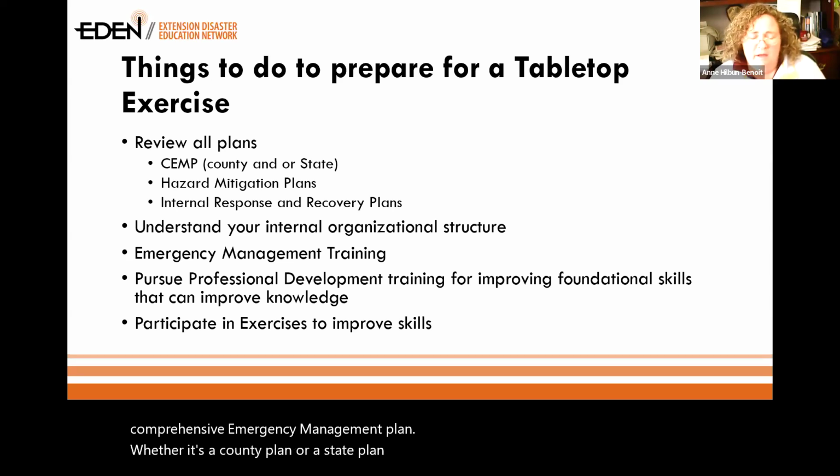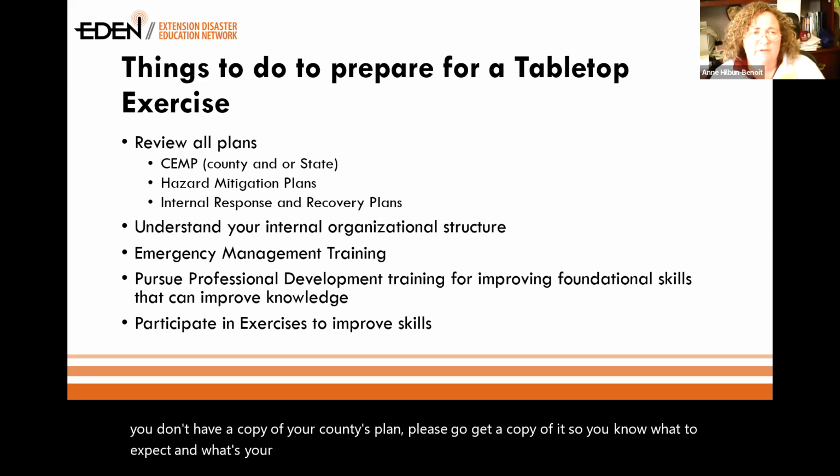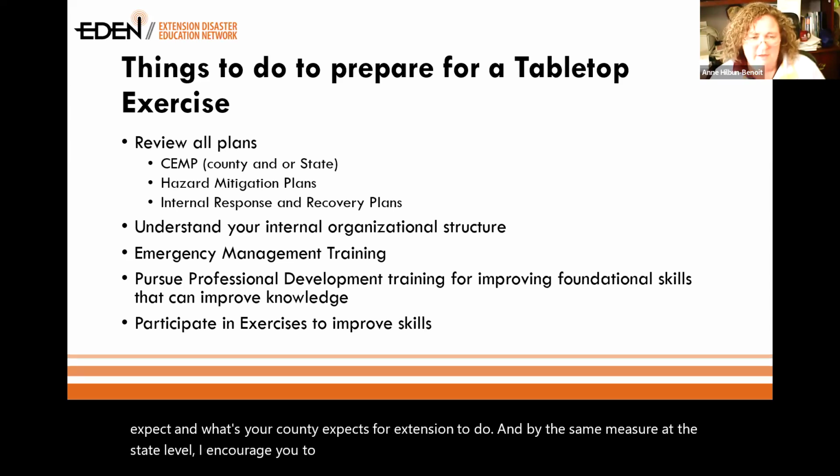So I encourage you, if you're a county agent and you don't have a copy of your county's plan, please go get a copy of it so you know what to expect and what your county expects for extension to do. And by the same measure, at the state level, I encourage you to get a copy of your state's comprehensive emergency management plan.